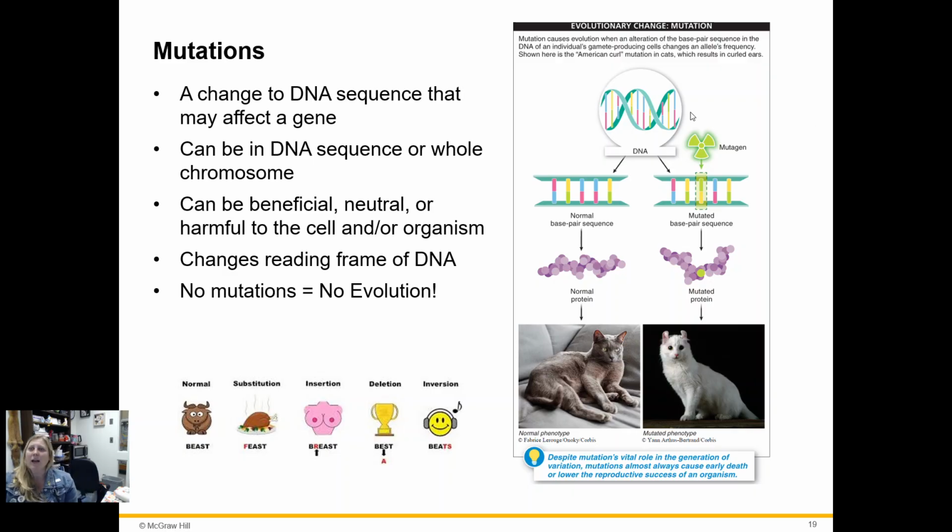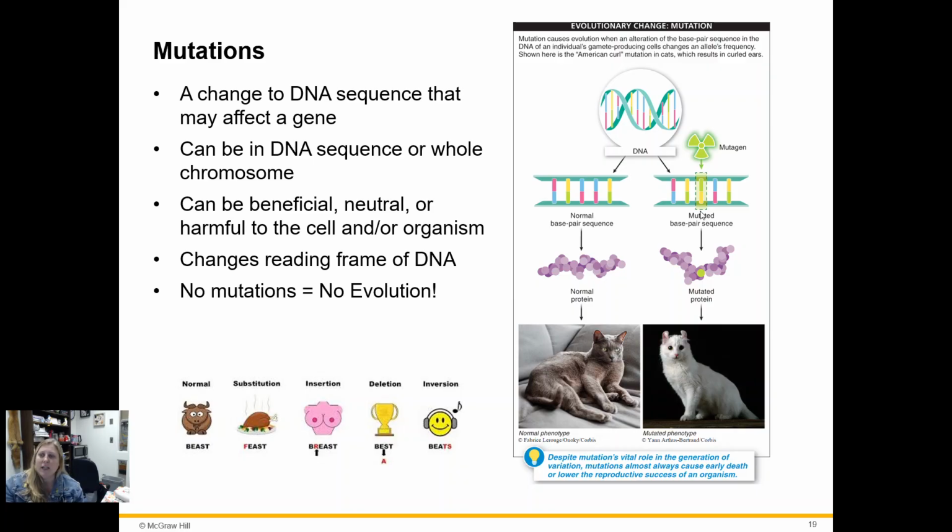So I did pull out an example of this American curl mutation in cats, which can result in ears that kind of curl up and flip back. A normal protein is going to go through the normal base pair sequence. It's going to have a normal fold, and so the ears of the cats are what we would consider the normal phenotype, the normal physical expression of that trait.